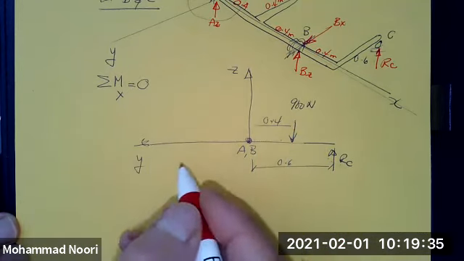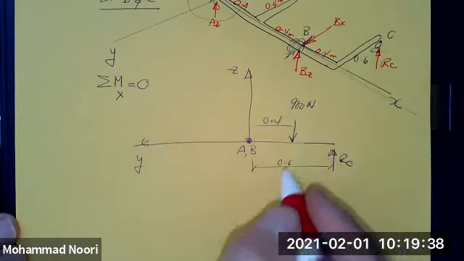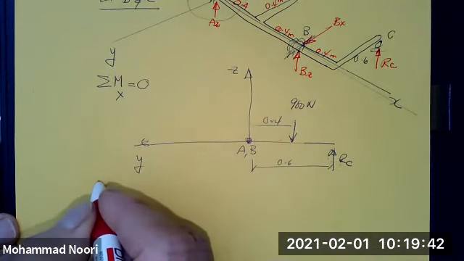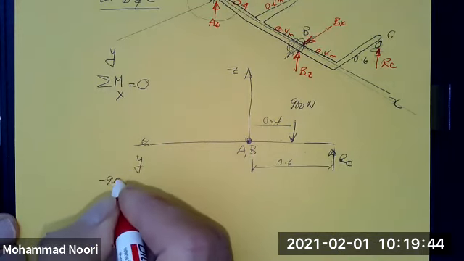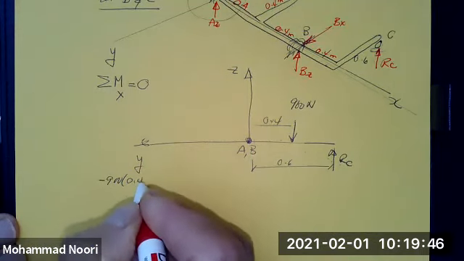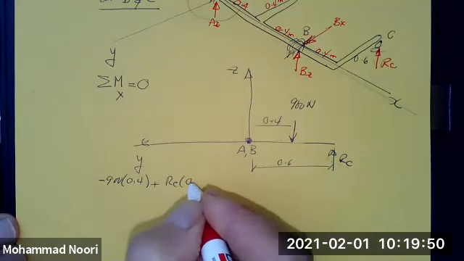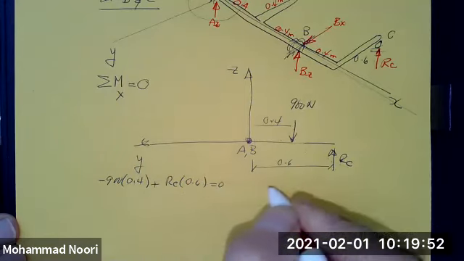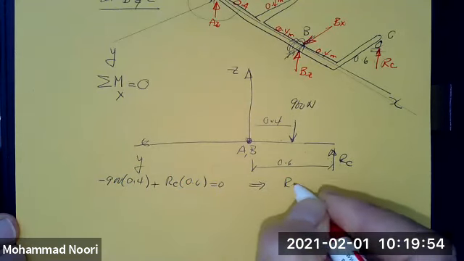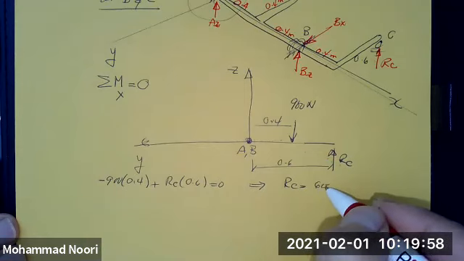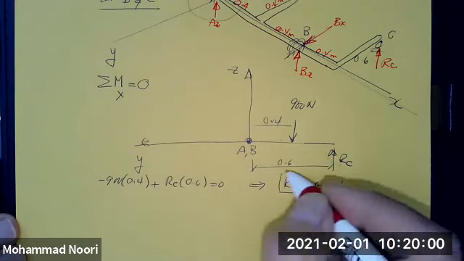It just comes down to what? You have the moment of this force about A, which is going to be negative 900 times 0.4 plus the moment of this about A is equal to 0. And I can quickly find this, which comes out to be 600 Newton.